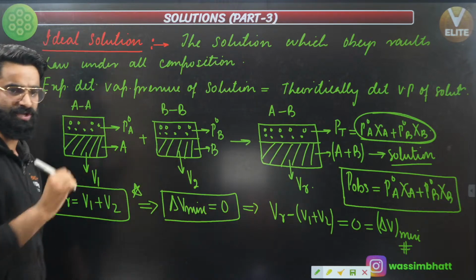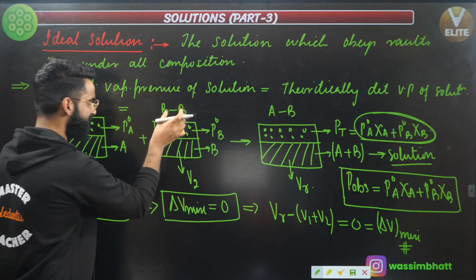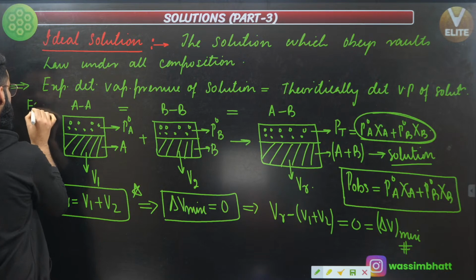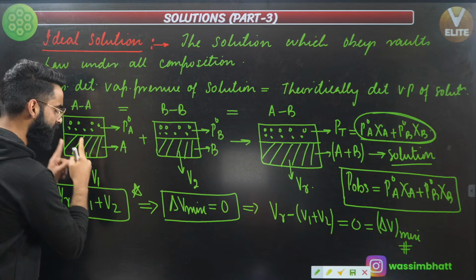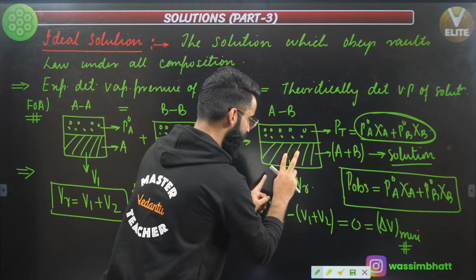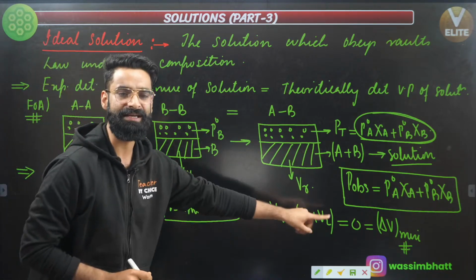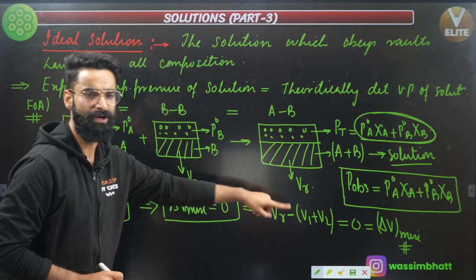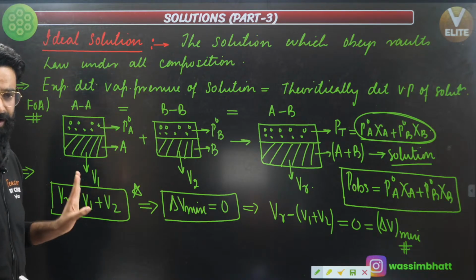Remember, in case of ideal solutions, the force of attraction between A and A will be equal to the force of attraction between B and B, will be equal to the force of attraction between A and B. That's why your delta V mixing comes out to be 0 over here. That's why the final volume of the solution will be equal to volume of liquid A plus volume of liquid B.